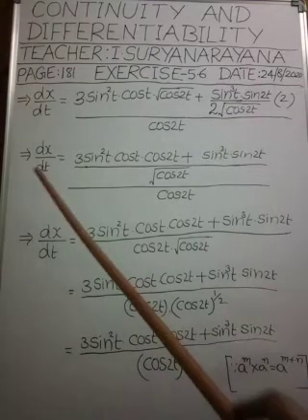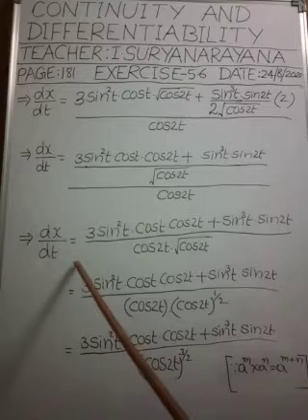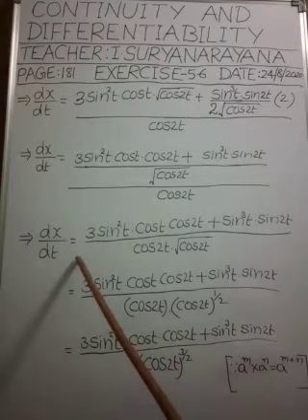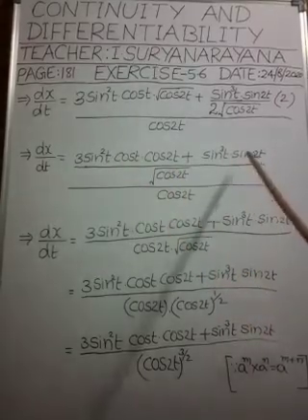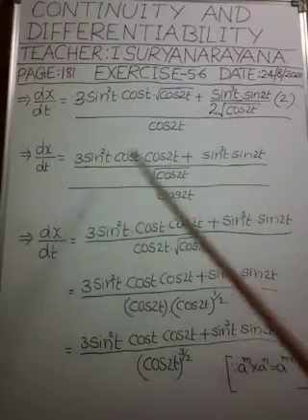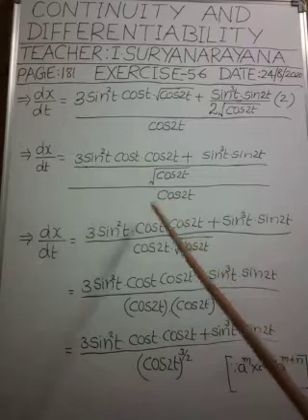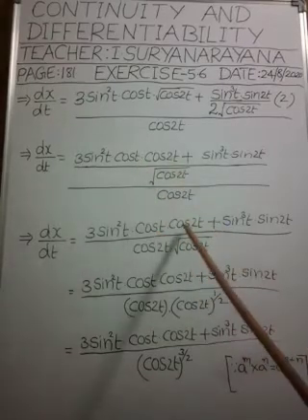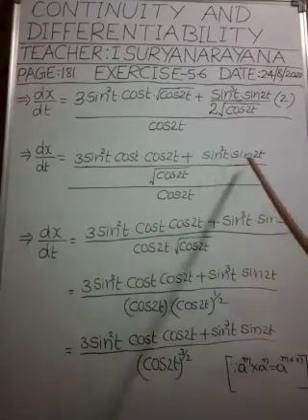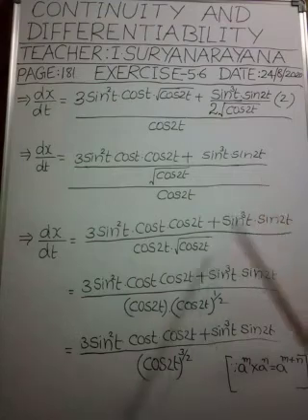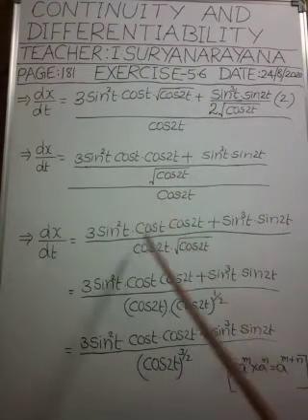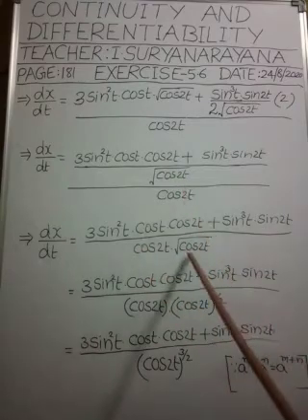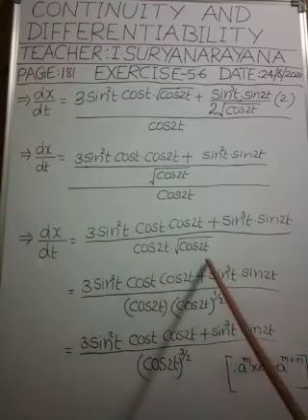This implies I wrote the LHS part as it is, dx by dt is equal to, here we are writing this numerator as it is: 3 sin square t into cos 2t plus sin cube t into sin 2t, and in the denominator comes cos 2t into root cos 2t. Understood this step, my children?